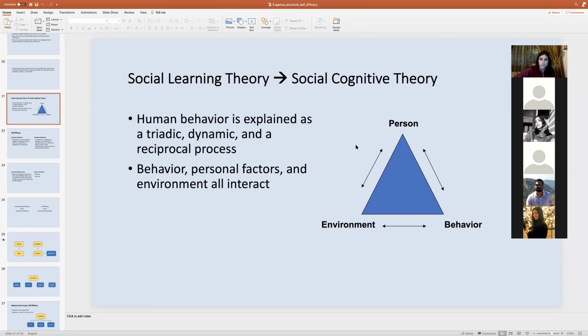So this theory argues that human behavior is explained as a triadic, dynamic relationship between the person, the environment in which the person is positioned, and the behavior itself.